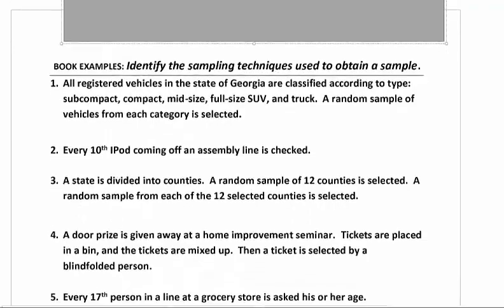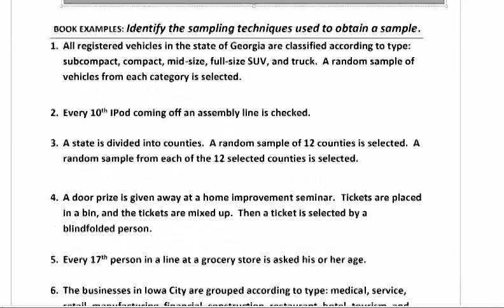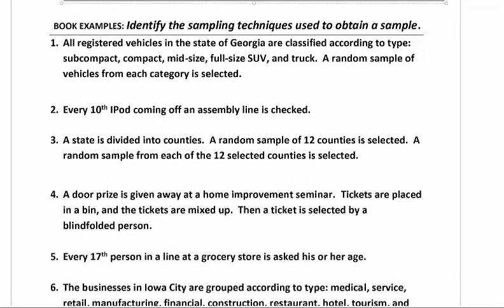I want you to read over these examples and try to answer which one of the sampling techniques it is. Is it random? Is it systematic, cluster, stratified, or convenience?